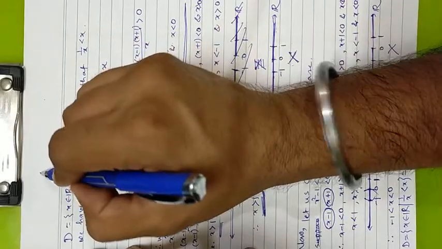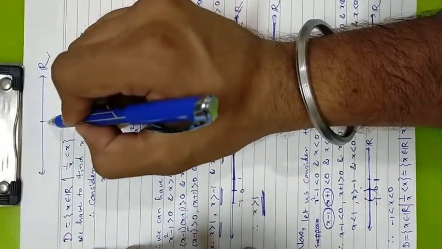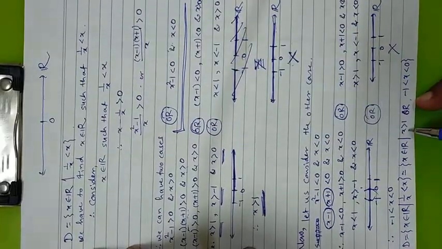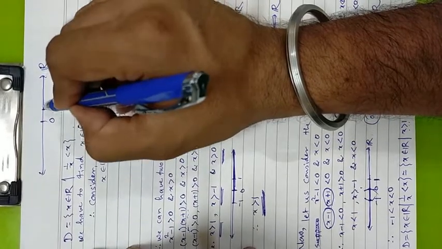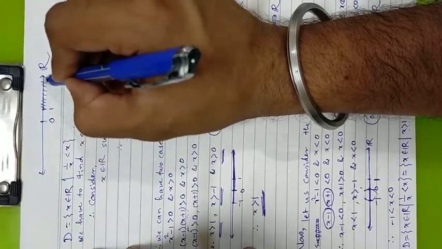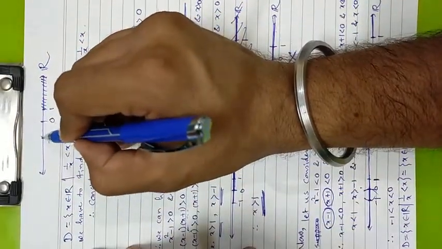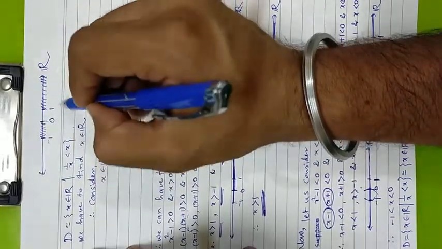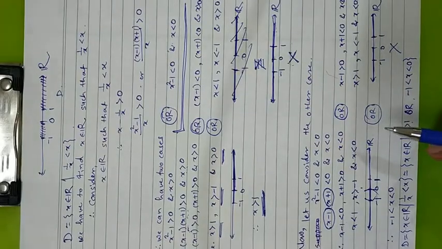So geometrically what will the set represent, what are those real numbers on the real line? x is greater than 1, that means x lies above 1, right, from 1 to infinity, or x lies between minus 1 to 0, from minus 1 to 0. So this is the geometrical sketch of set D, right? So in the next lecture we will see some other things.